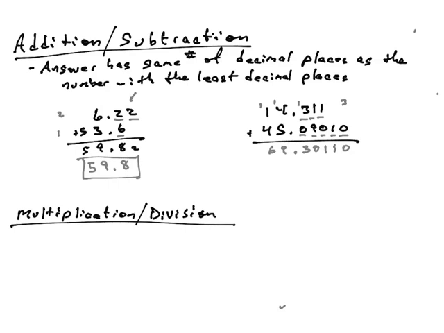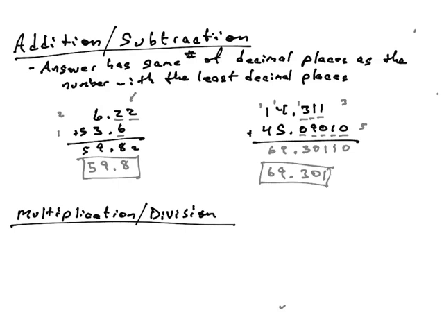So it counts as a significant digit. So this guy has 5 decimal places. My answer has to have the same number as the smallest of these, which is 3. So it'd be 69.301.